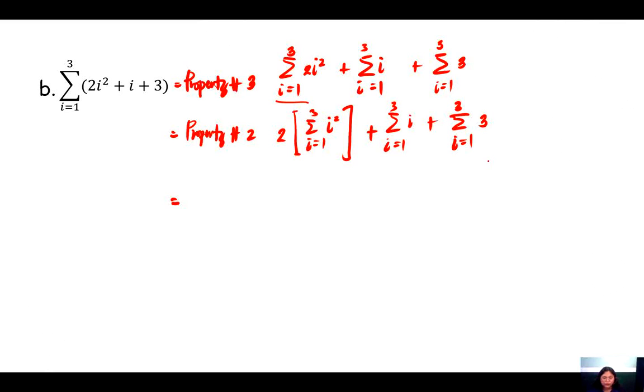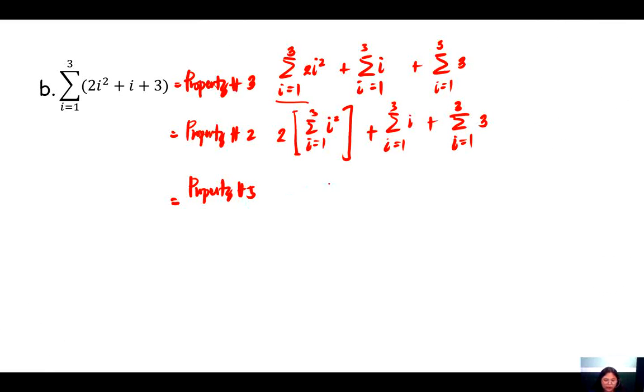Okay. Pwede natin siyang pagsabay-sabayin actually, class, or pwede rin naman nating i-step by step or isa-isahin natin yung pag-a-apply ng property para hindi tayo malito. Okay? So, ang gawin natin, let's apply the property for I squared muna. Let's use property number 5.